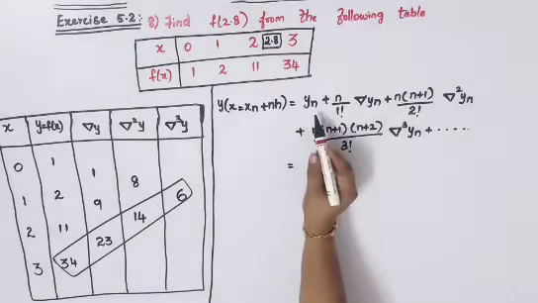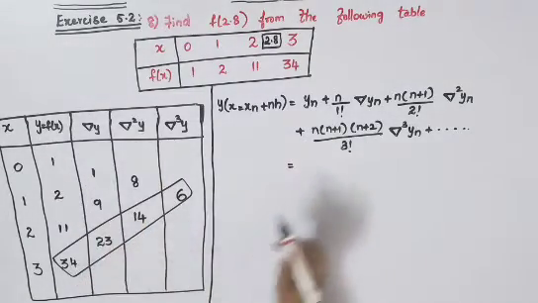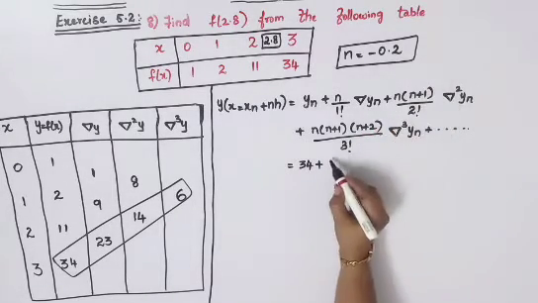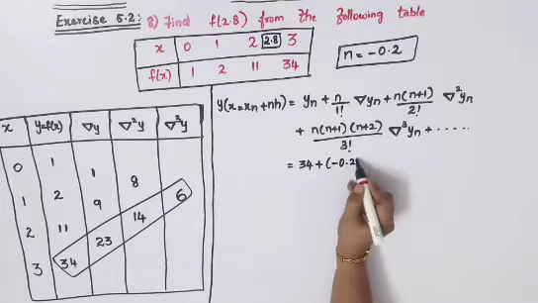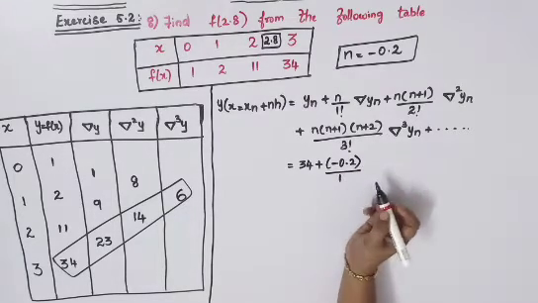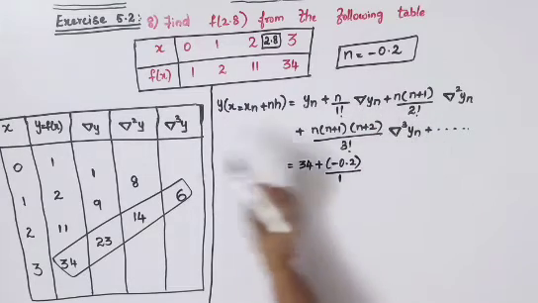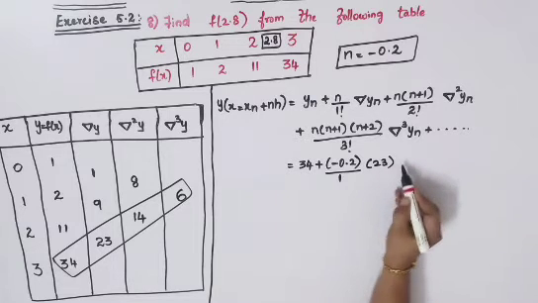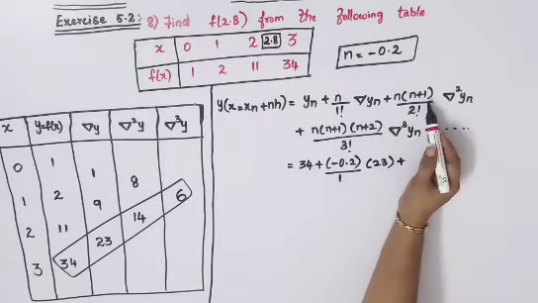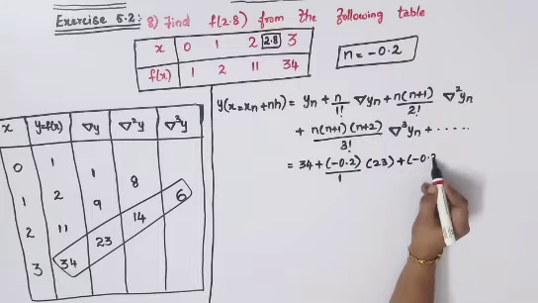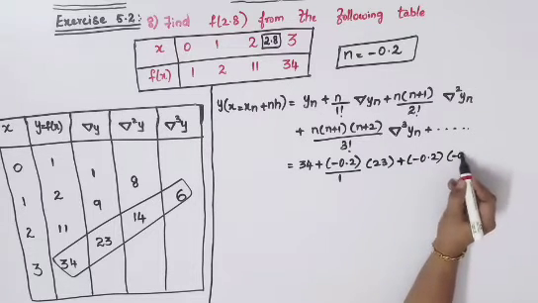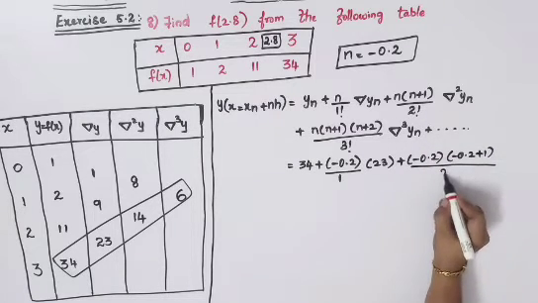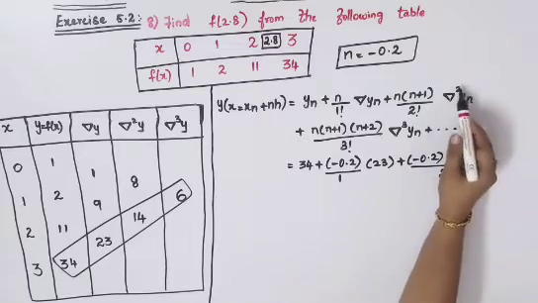That is equal to yn, which is in your y column the last value, it is 34, plus n, which we have got before, it is minus 0.2 divided by 1 factorial, which is 1, into nabla yn. So nabla y last value is 23. Then plus again n into n plus 1, so minus 0.2 into minus 0.2 plus 1, divided by 2 factorial, so 2 into 1, nabla square yn.